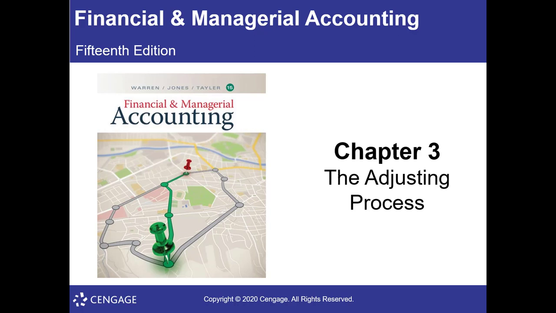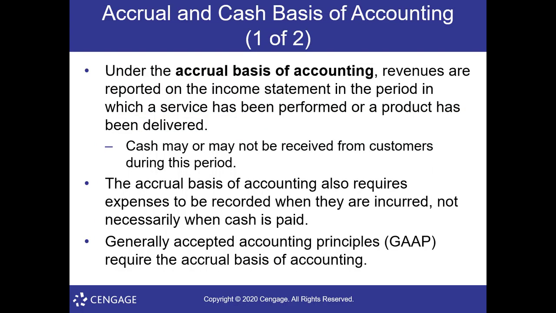Okay, Chapter 3, the adjusting process. So, as we've mentioned in Chapters 1 and 2, we're doing the accrual basis of accounting. It is not based upon the receipt of cash or the payment of cash.